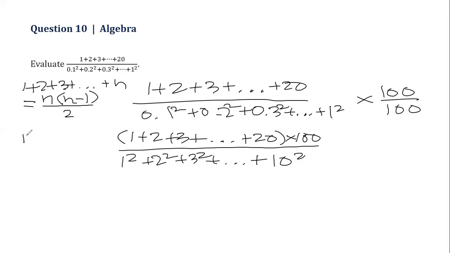And for the squares, it's a bit more complicated. You get n times n plus 1 times 2n plus 1 divided by 6.